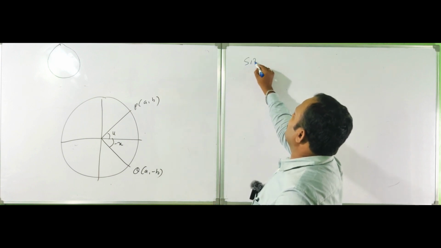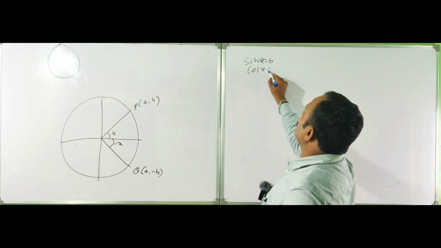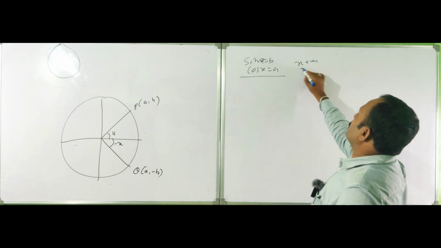Here sin x is equal to B and cos x is equal to A, for x positive.